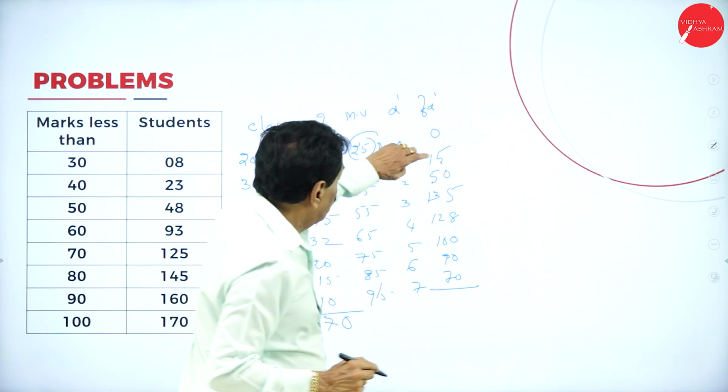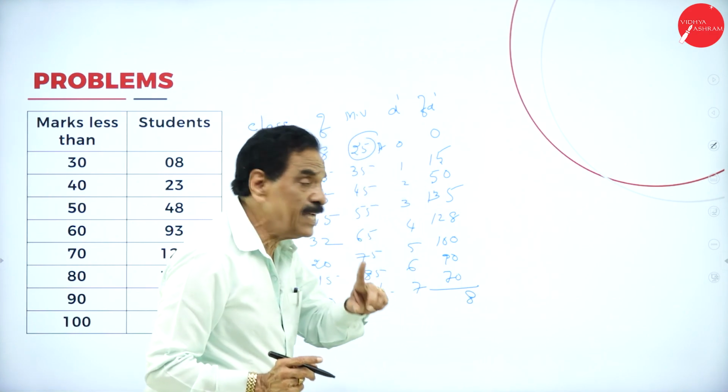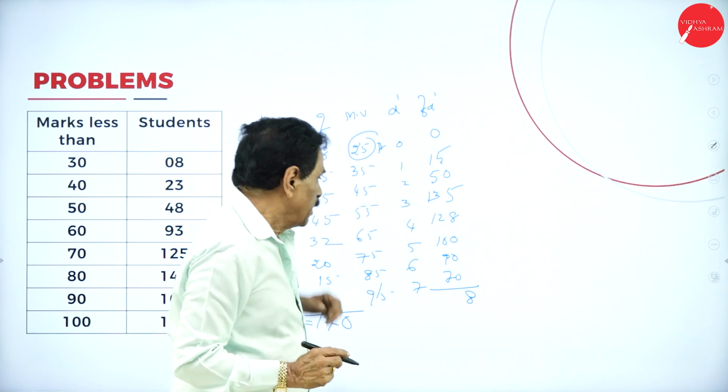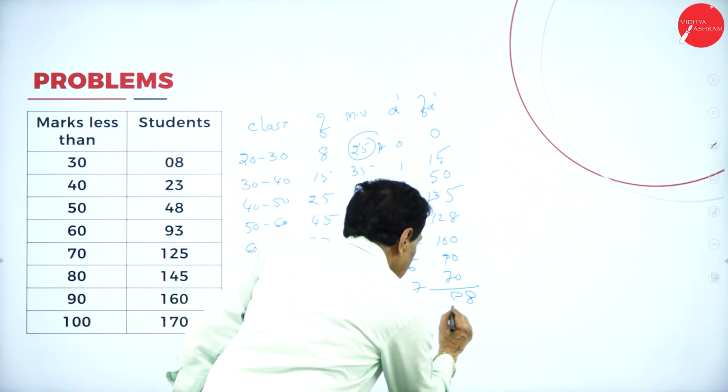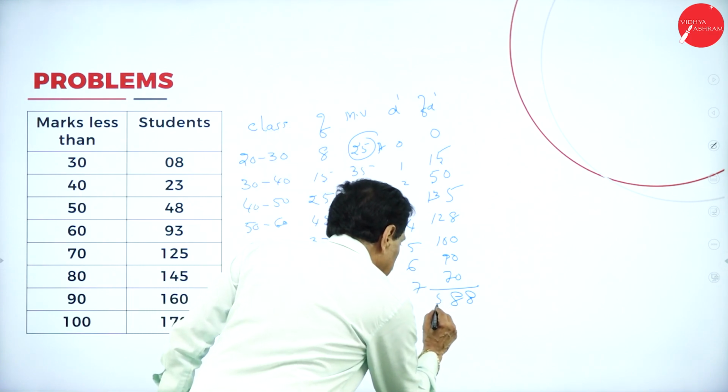Add the figure. 5 plus 5, 10 plus 8, 18. 1 carry. 1 plus 1, 2. 7, 10, 12. 21, 28. 2 plus 1, 3, 4, 5. 588.